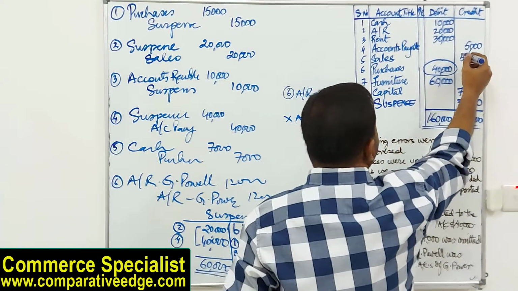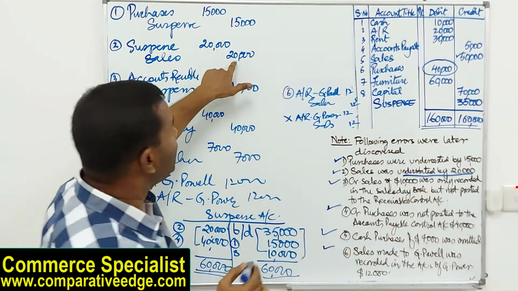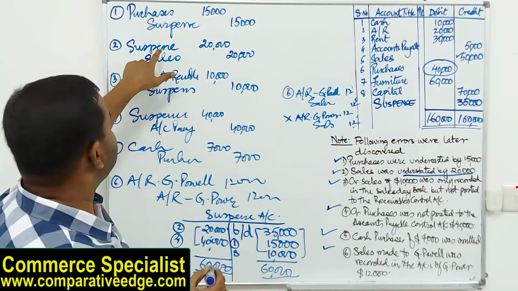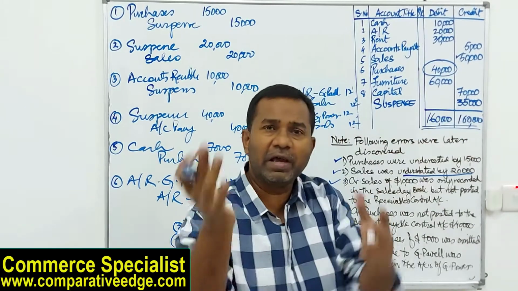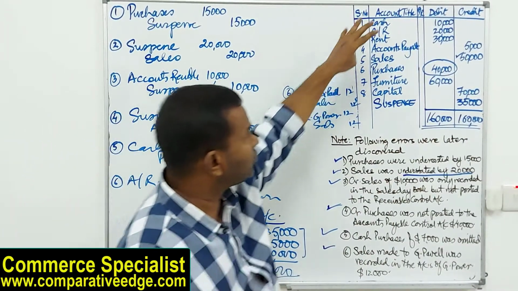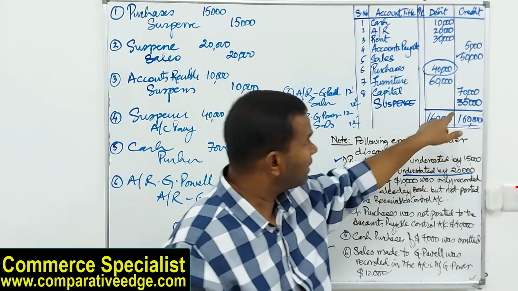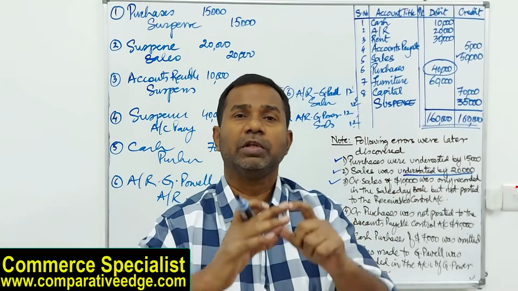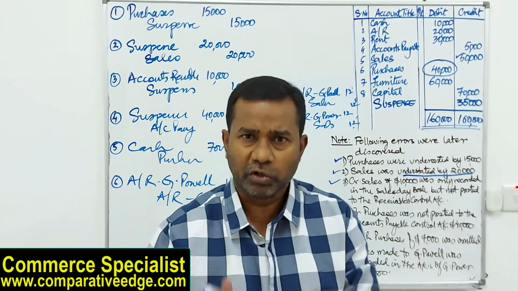Sales is already a credit here, so I will add 20,000 to this 50,000. And I debited suspense, which is a credit balance, so I will subtract. Once you do all these adjustments with this trial balance here, this balance will be eliminated and the trial balance will have the new amount. You can try it out yourself.